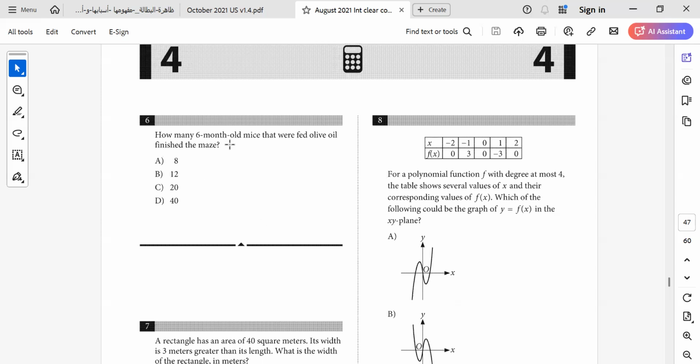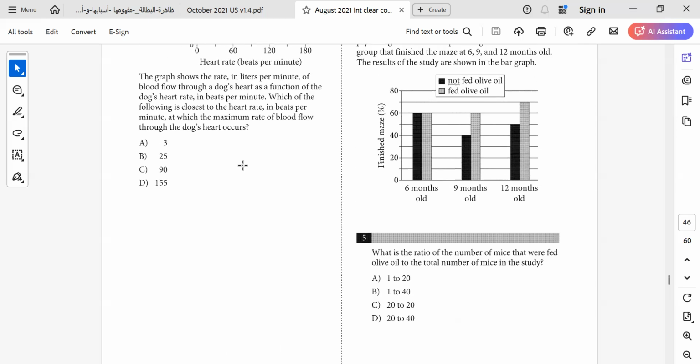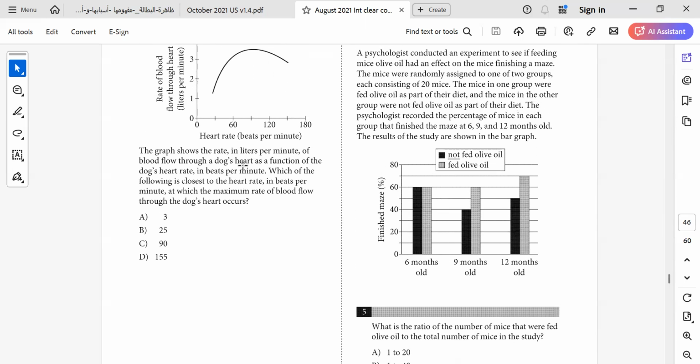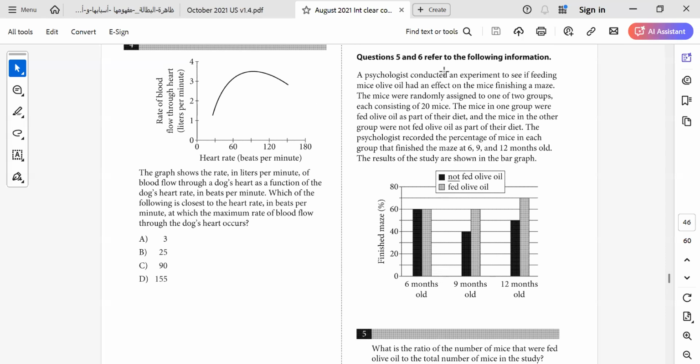So it's supposed to be 60. But I don't have 60 as an option, and that is not the actual number, right? That was an experiment conducted on a sample, so I cannot say 60. 60 is a sample. It's 60 out of how many mice? All of them, how many mice? 20? No, 20 is the sample.